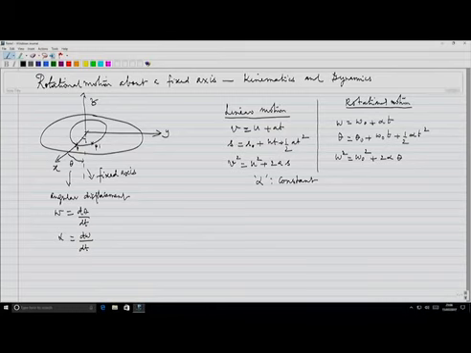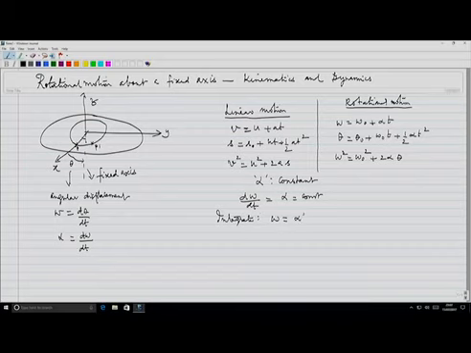So first we start with the definition d omega by dt is equal to alpha, which is a constant. Therefore integrate. What do we get? If I integrate, I will get omega is equal to alpha t plus c. I am integrating between 0 and t.